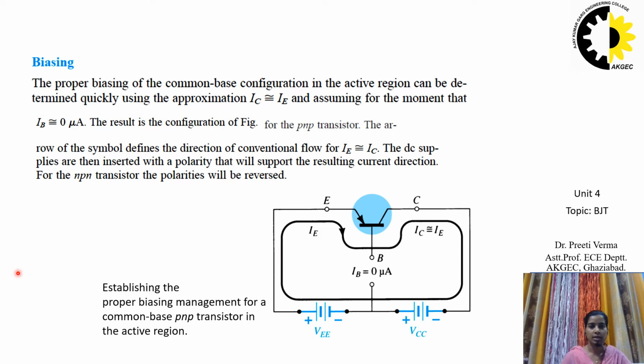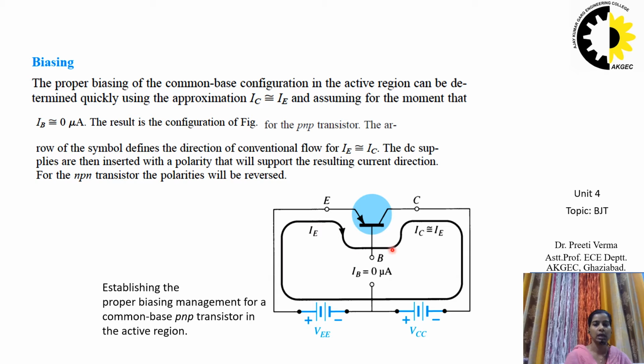For NPN transistor, the polarities will all be reversed to keep the emitter base junction forward biased and the collector base junction reverse biased. So here in this diagram we can see IB current is 0, so this base terminal is open circuited. Now the current will be flowing on the path that is shown in the figure.